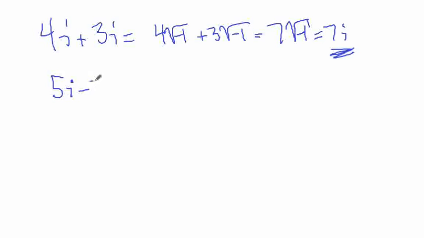So 5i minus 2i is 5 minus 2, that's 3, so 3i. What about multiplication? We will leave that one for later, but for right now I just want you to start thinking about it.